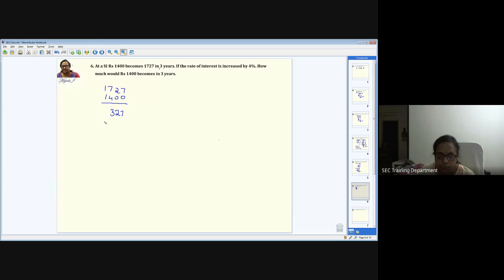So 327 becomes your interest, right? Because you know that this 1727 is the sum after 3 years, and the principal given in the problem is 1400. So this 327 is nothing but the interest which has come in 3 years. If in 3 years you are getting an interest of 327, in 1 year what will be the interest?